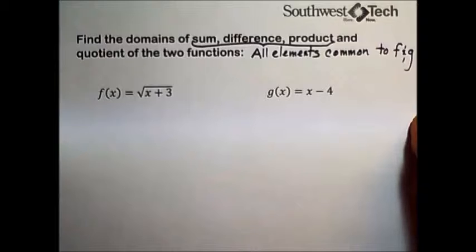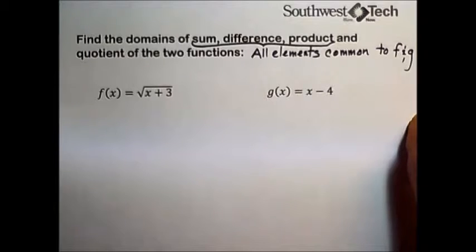The only time we have to worry about a restriction on our domain is if the variable's in the denominator, don't see that in either one of these, or if our variable's underneath the radical. And that is the case with this function for f of x. Square root must be taken of a value 0 or greater.